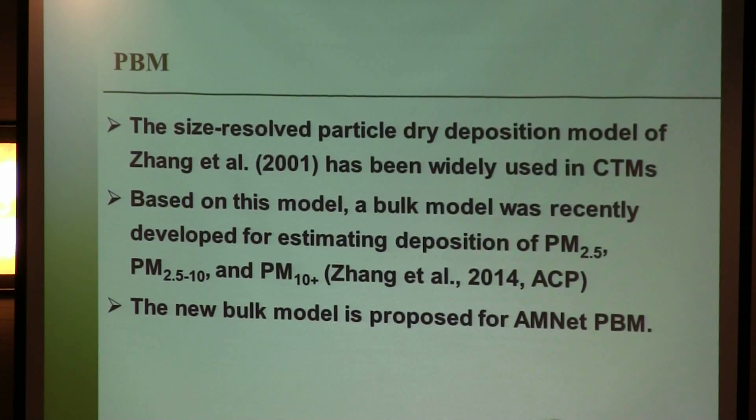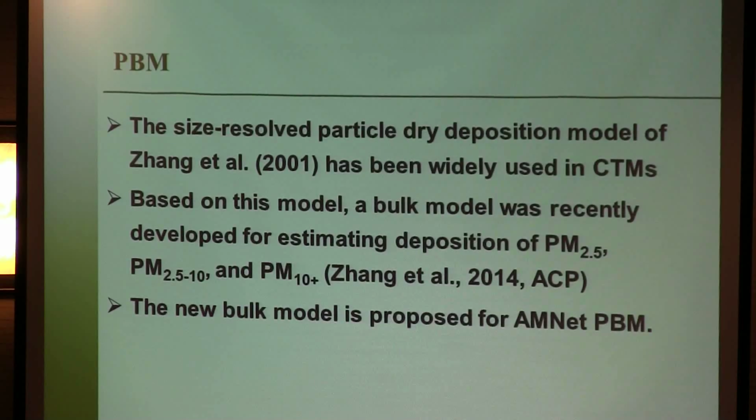Also, from a collaboration I had with a Taiwan group who collected mercury and metal dry deposition data, I found that if you have knowledge of the mass fractions of PM2.5, PM2.5 to 10, and 10 plus, even though you don't have a detailed size distribution, you could get the same accuracy as using the detailed size distribution.